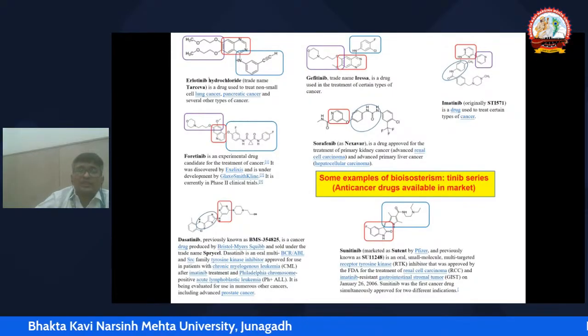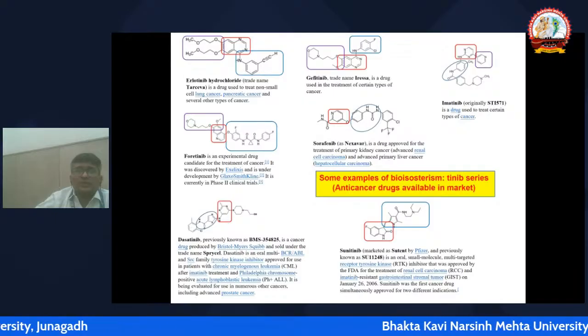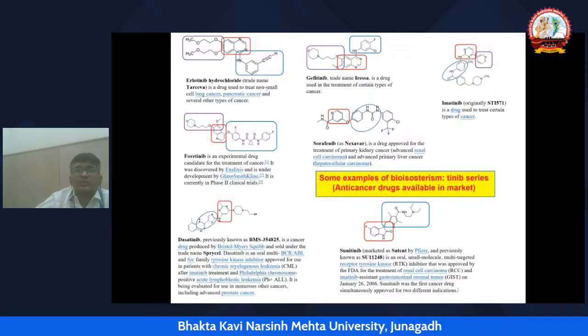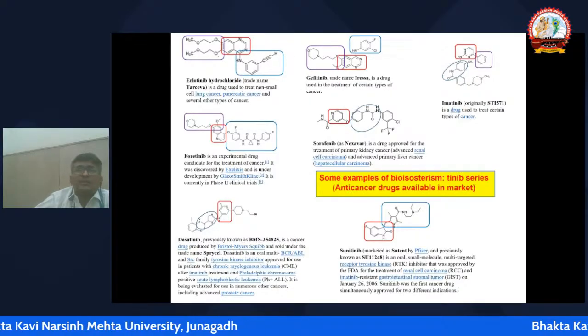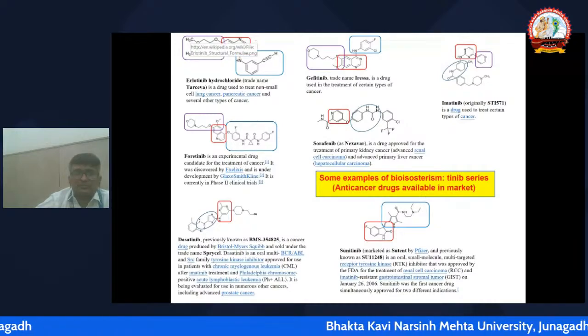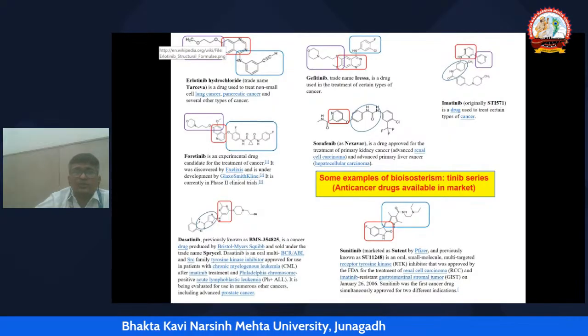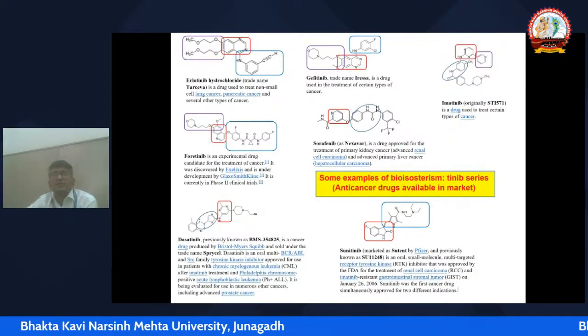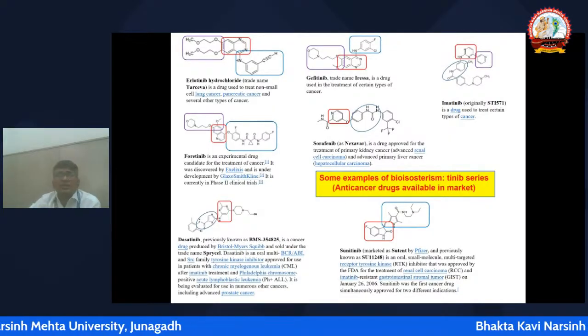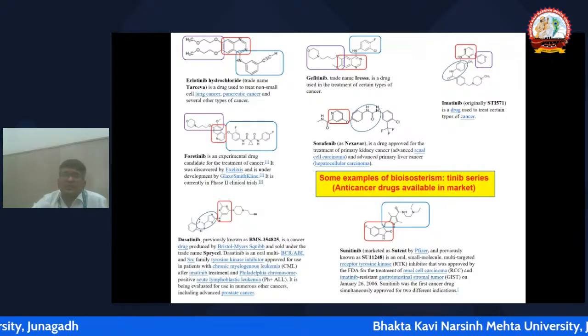So you can see the first molecule, erlotinib, can be useful for lung cancer and pancreatic cancer, and this compound has a heterocyclic quinazoline-type core that is similar to gefitinib, which is also useful for cancer treatments.